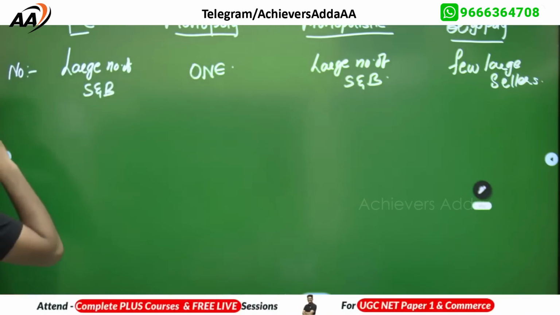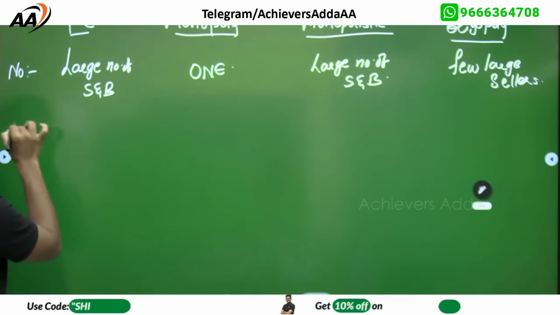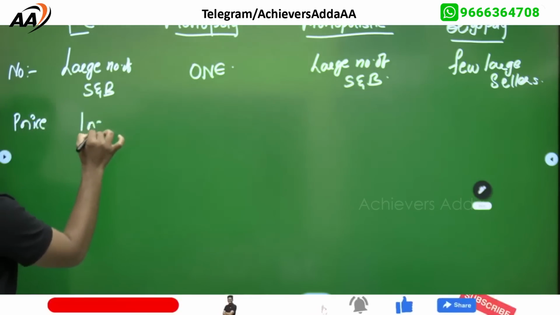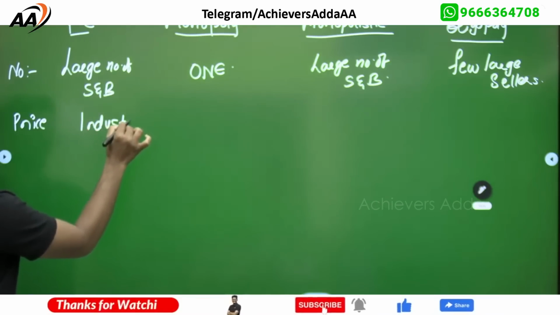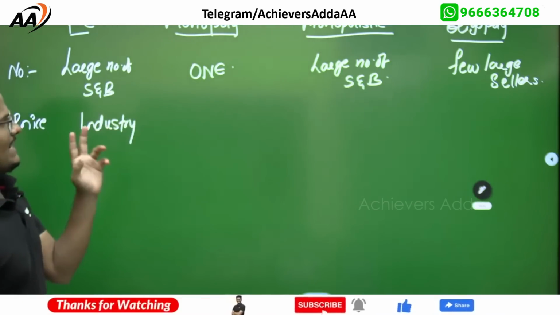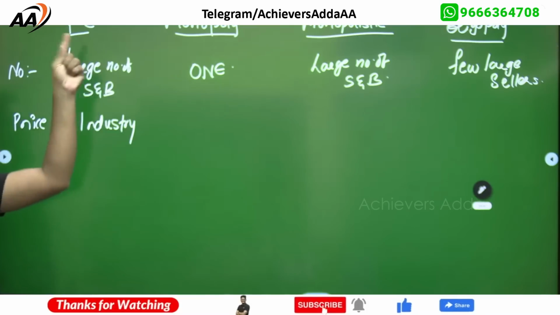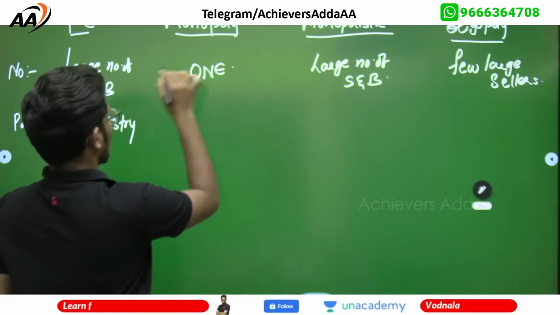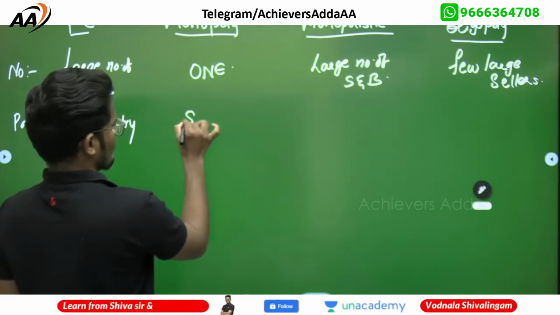And here, in perfect competition, who will decide the price? The industry will decide the price. The industry will be the price maker. The firm will be the price taker only. Here, the price will be decided by the seller.